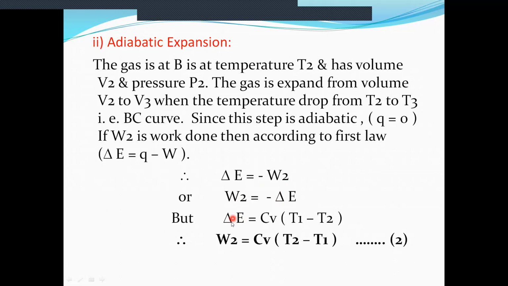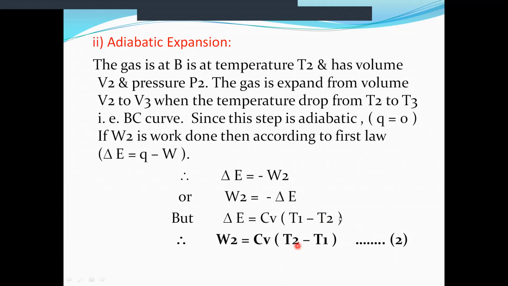But the value of delta E is CV into T1 minus T2. Delta E is equal to CV into T1 minus T2. Therefore, put this value of delta E in the above equation. What we get is W2 is equal to minus CV times T1 minus T2. So we multiply this minus into the bracket term: minus T1 and plus T2.